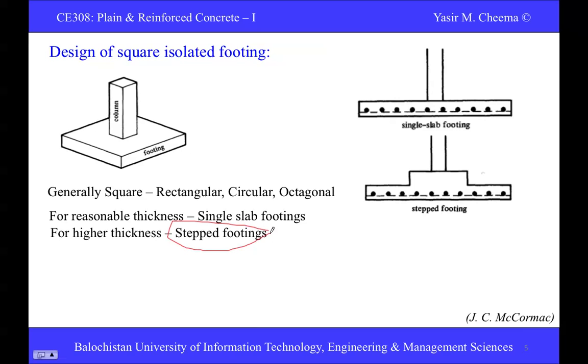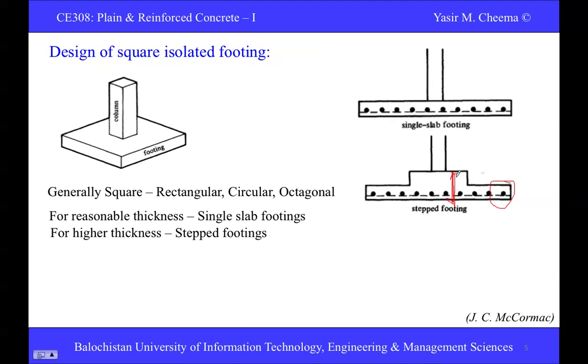In a stepped footing, at the central part where the column is acting, we provide steps so we can extend the total thickness. So the total thickness in this area increases, the total thickness at the column vicinity increases, and at the ends we keep one step.